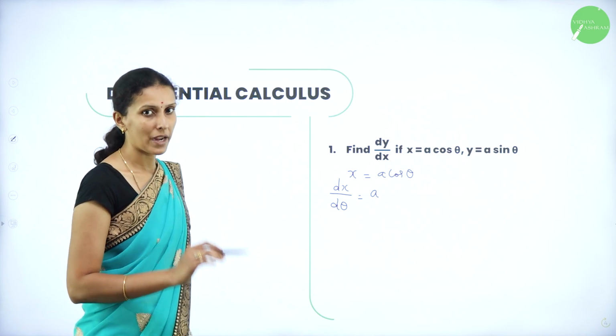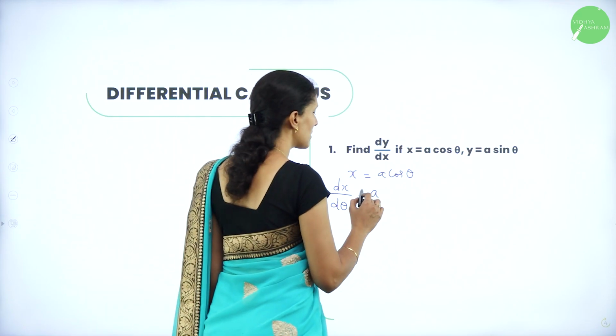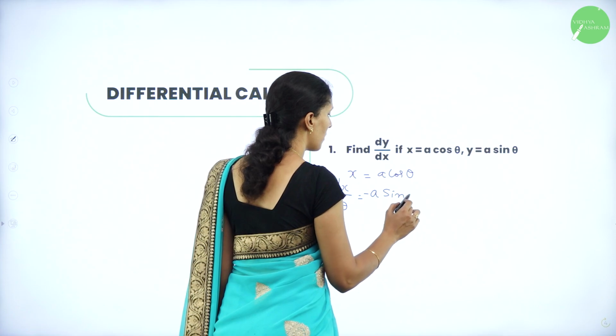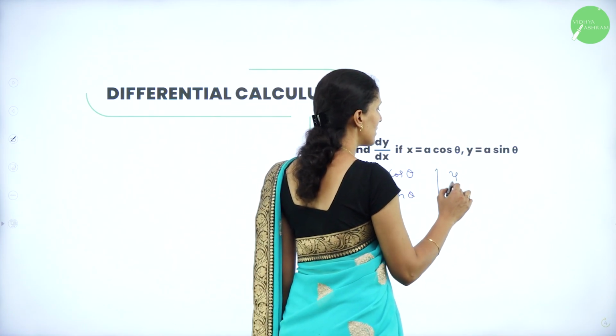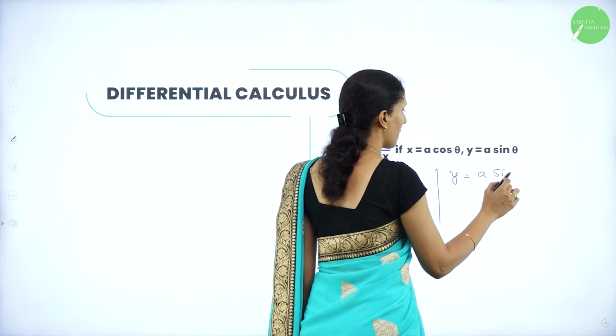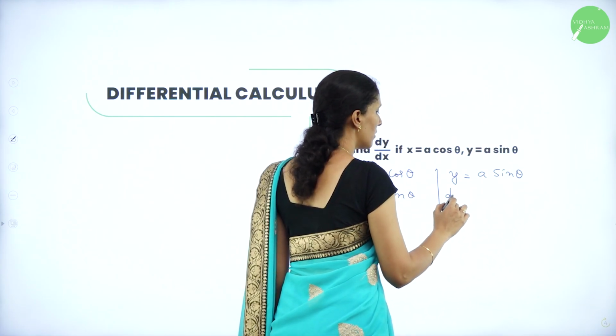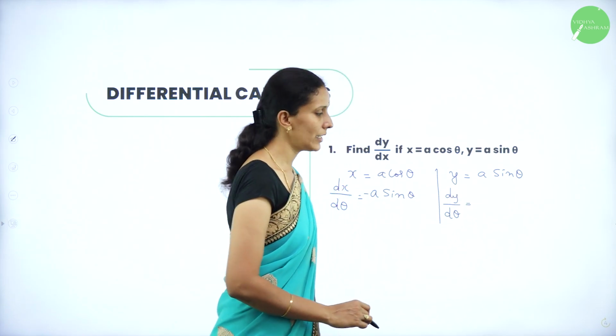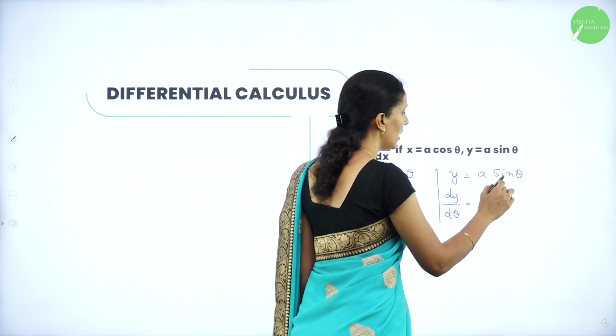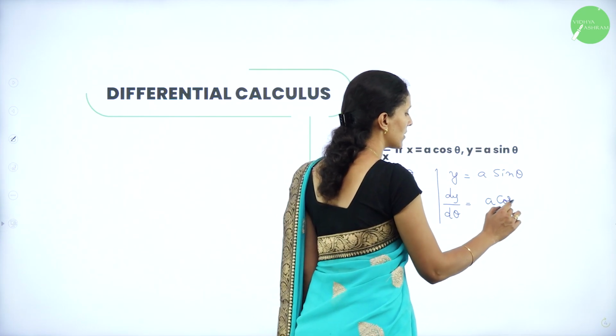Derivative of cos is minus sine. So cos theta becomes minus sine theta. So this is for x now. Now let us take y. y is equal to a sine theta. Now derive y with respect to theta, that is nothing but dy by d theta. Now a is a constant, derivative of sine theta is cos theta.